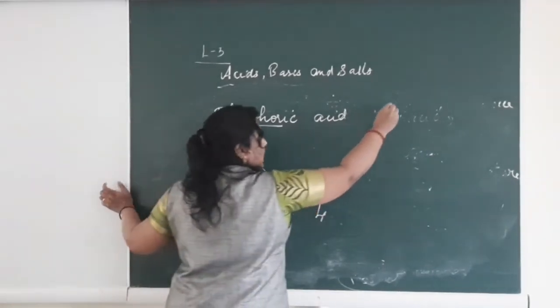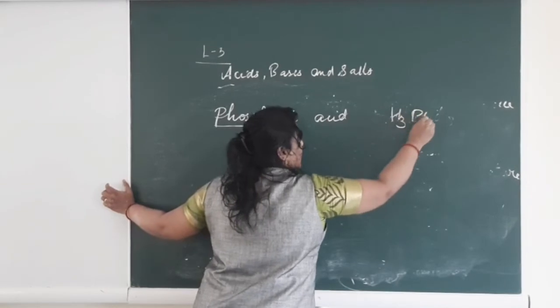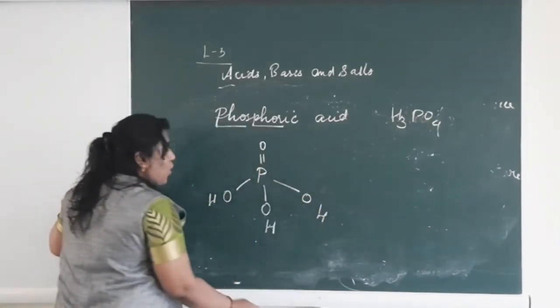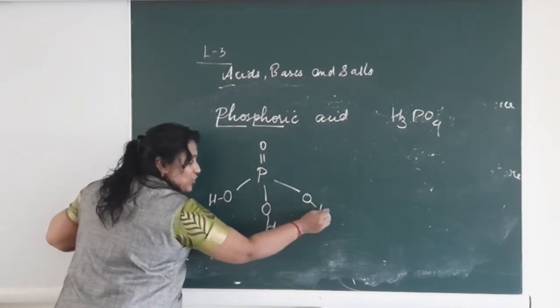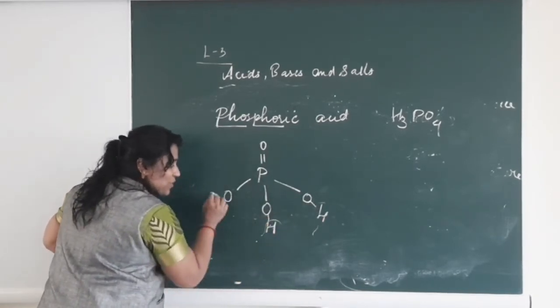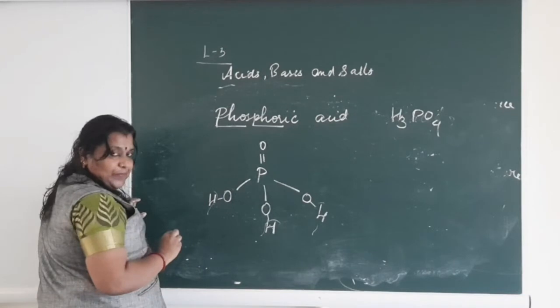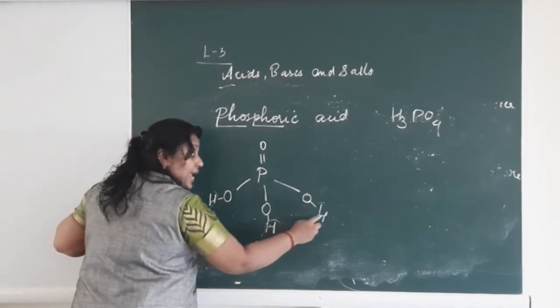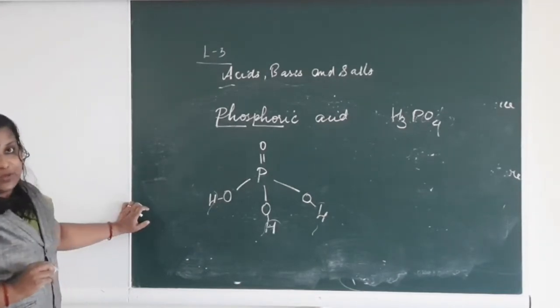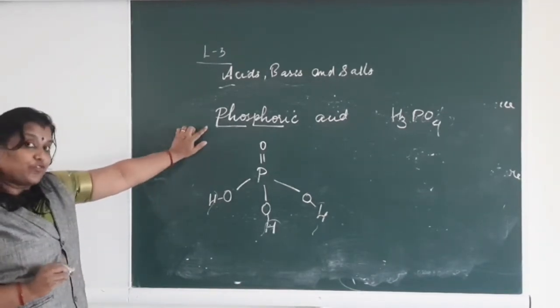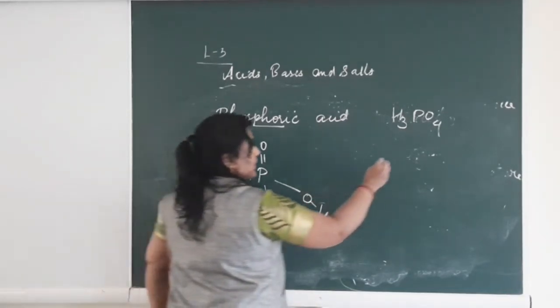H3PO4. How many hydrogens are attached to oxygen, which could be removed as H plus ions? So it is 3, right? So there are 3 H plus ions which could be furnished in an aqueous solution. So what is the basicity of phosphoric acid? It is 3.